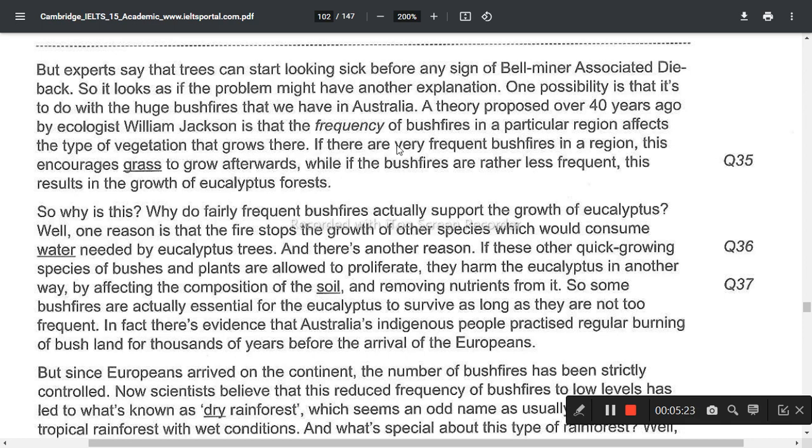If there are very frequent bushfires in the region, this encourages the grass to grow afterwards, while if the bushfires are rather less frequent, this results in the growth of eucalyptus forest.